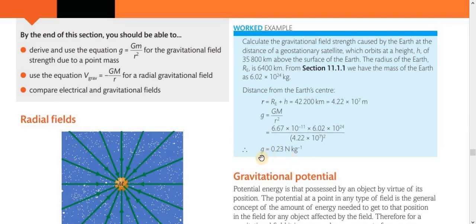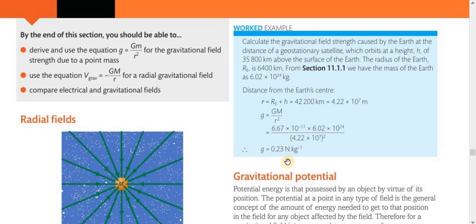Now this g is also exerted by the Earth. So when this g is for a certain body, then we have to use the mass of that body. This is the gravitational field by the Earth, this is the mass of the Earth. So simple g and capital M have to be for the same body. Okay, so we get 0.23 newtons per kilogram or 0.23 meters per second square.